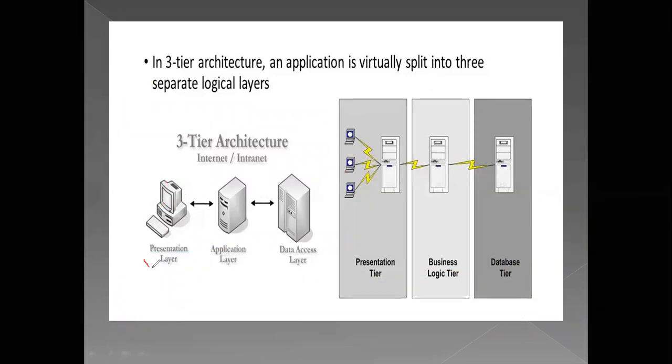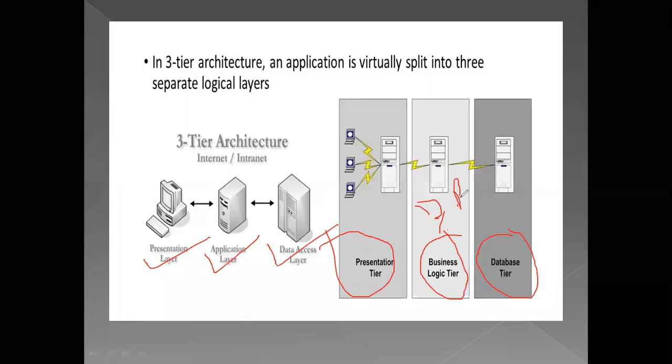See, we have presentation layer, we have application, we have data access layer. Presentation layer, business logic layer, and database tier. Presentation is where we are using these interfaces. Business is where we are processing the data.